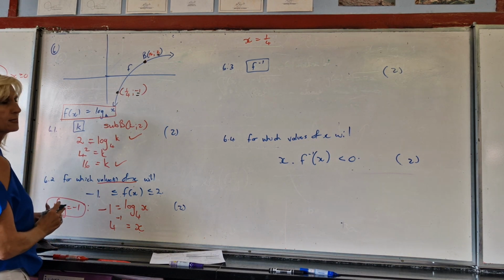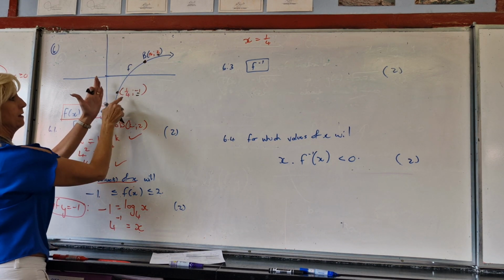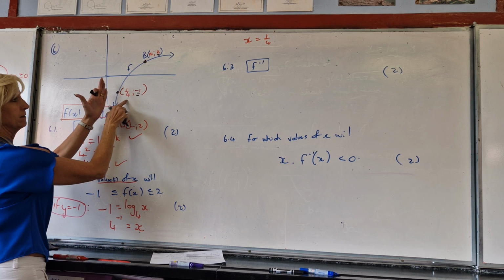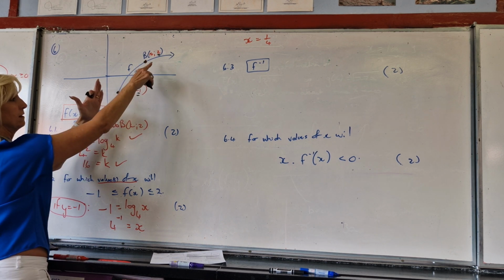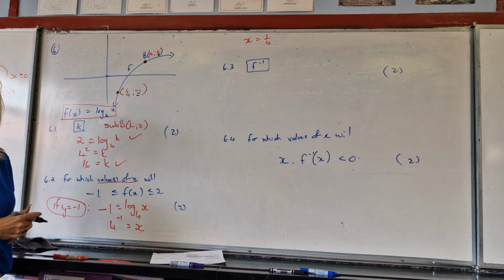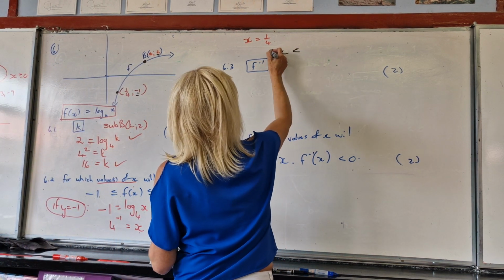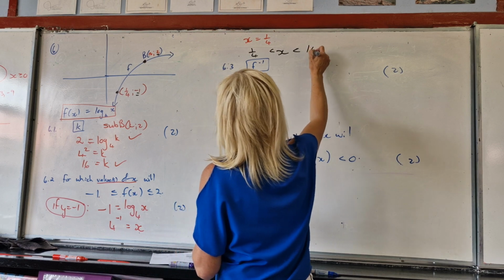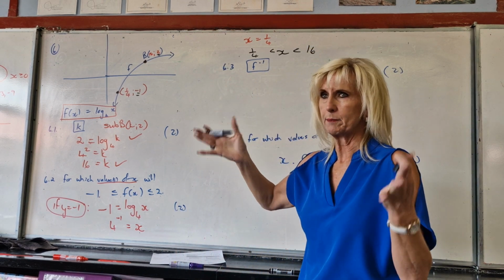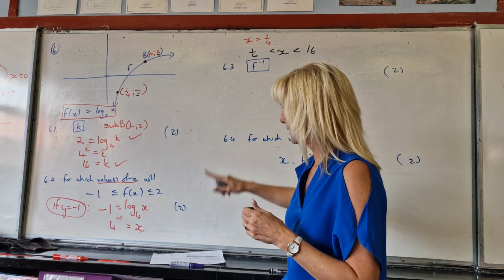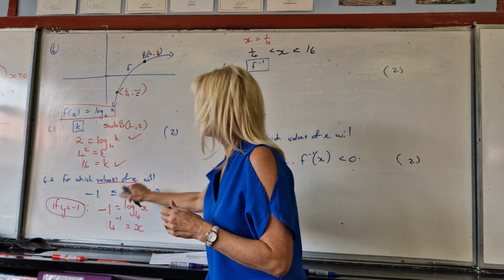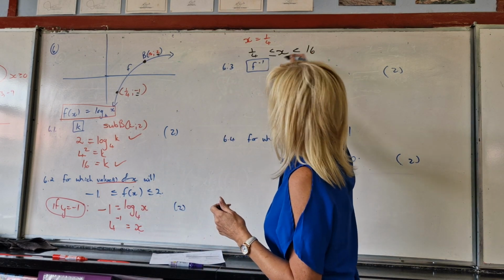For which x's does that happen? X between a quarter and 16. You see it? So x between a quarter and 16, and that's the way you were taught to write it, between. And if that is included, then that should be included.